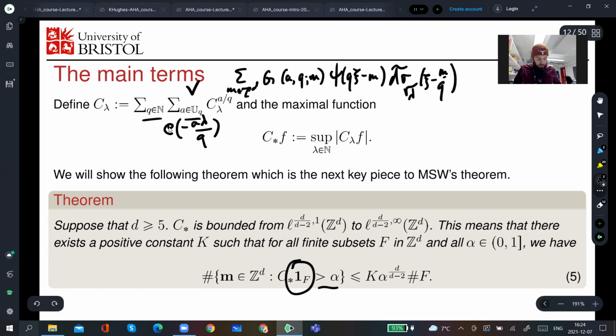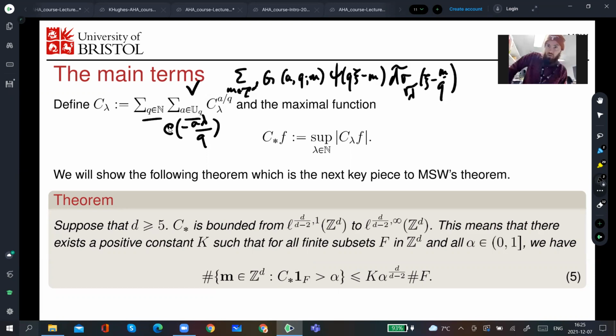This is just something from Lorentz theory, which I'm going to take for granted. If you don't know what restricted weak type means, just take this as the definition. That's going to be fine for us. It's equivalent to any other definition that you'll get. And this is actually for all alpha between 0 and 1. So that's our first goal to prove.